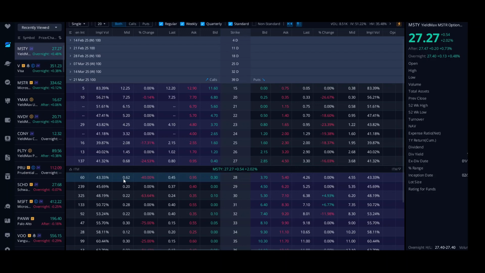What is nice about it, of course, is that earning that premium could be a lot like earning the distribution, right? For not even owning the shares, because you're not having to pay to buy those 100 shares when you sell a put. You're saying you will purchase those 100 shares on that strike date.